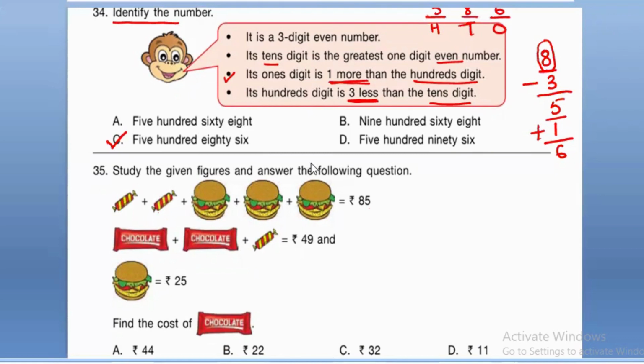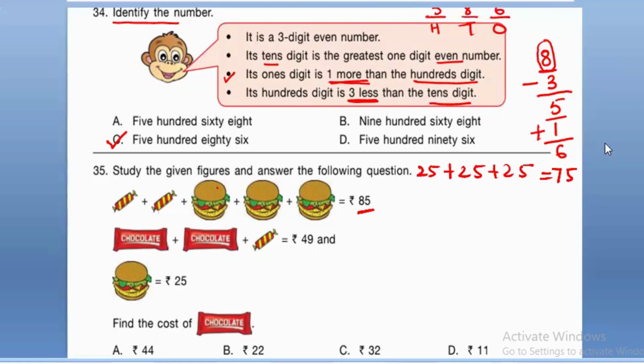Now what do we need to do here? The value of one burger is 25. So 25 plus 25 plus 25. What are we getting? We are getting 75.